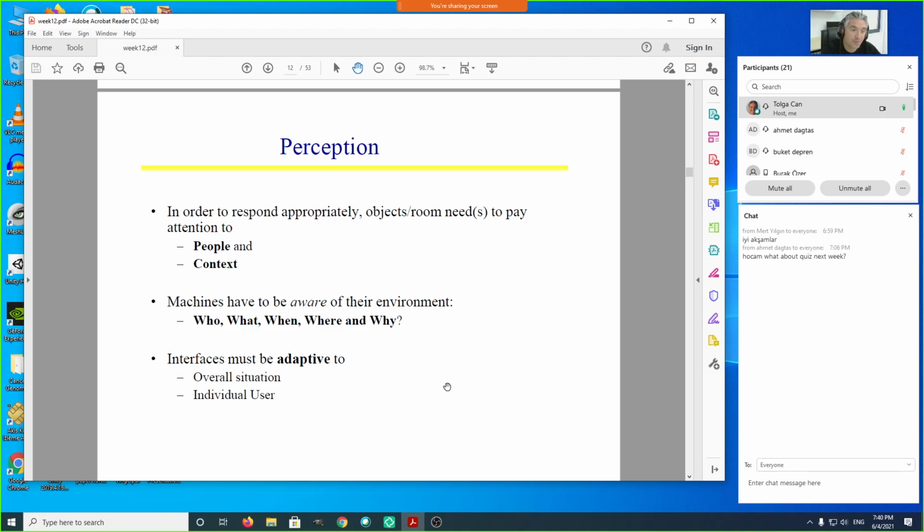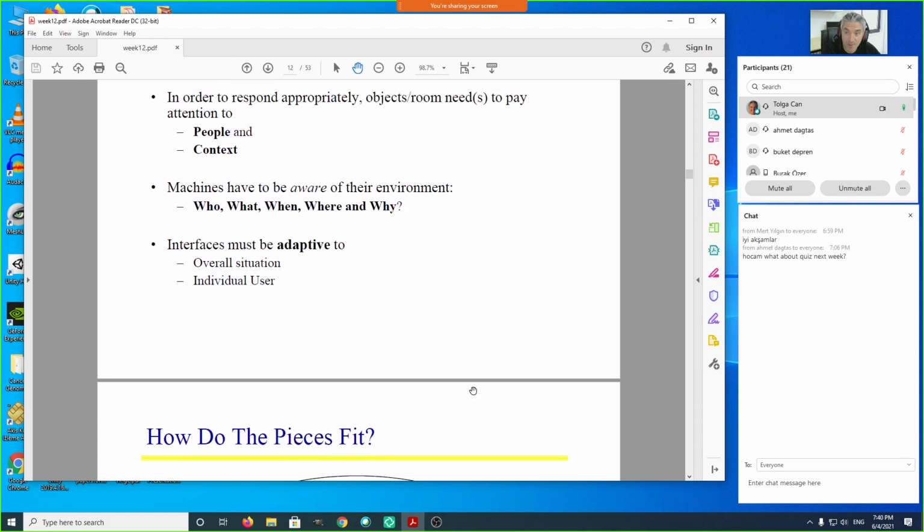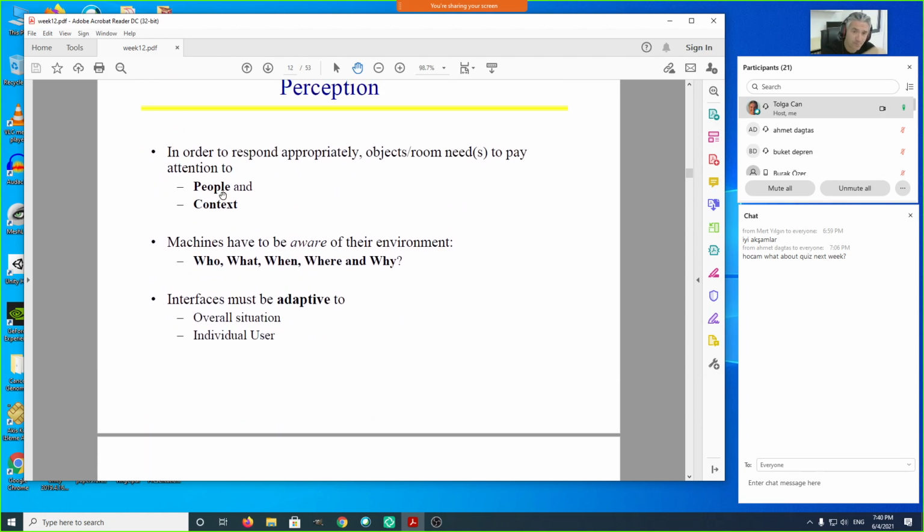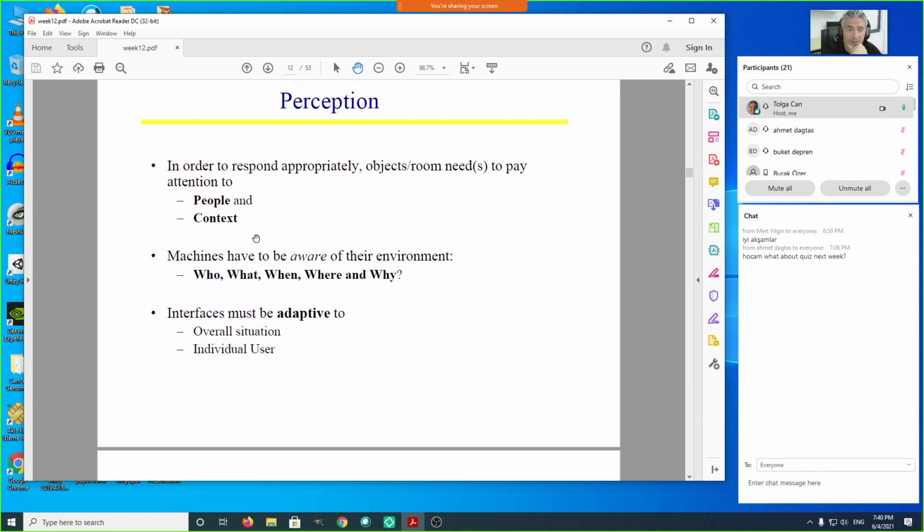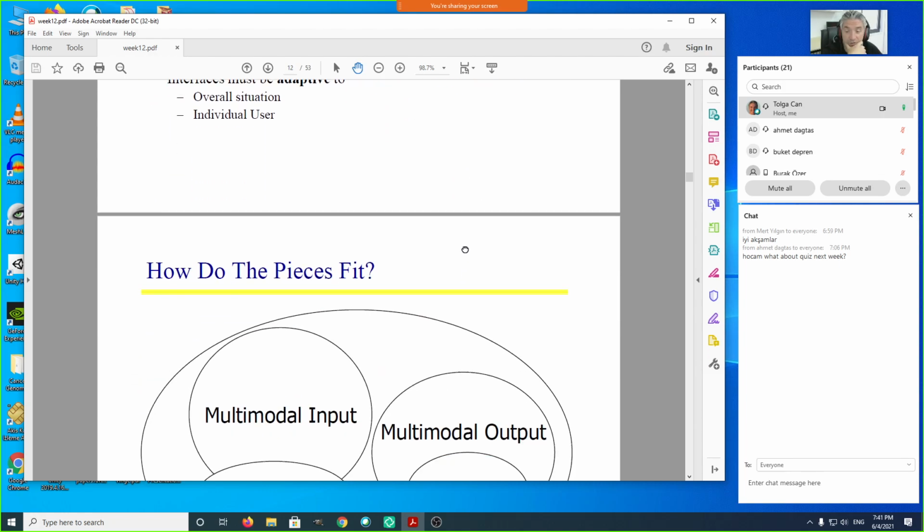So such perceptual interfaces should also be adaptive. They should adapt themselves to the overall situation and the individual user. So for your last reading assignment, the emergency situation room, you will see that the room is capable of watching multiple people and understanding context.